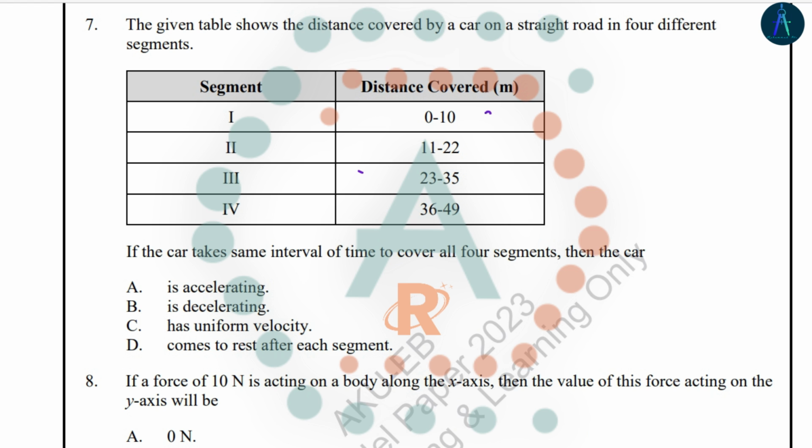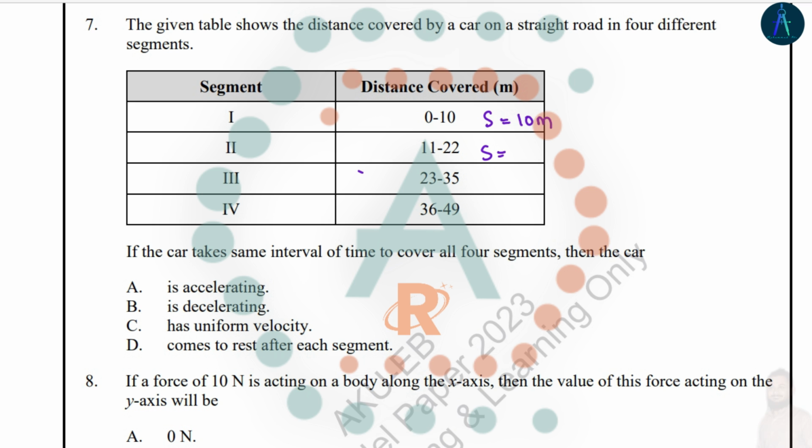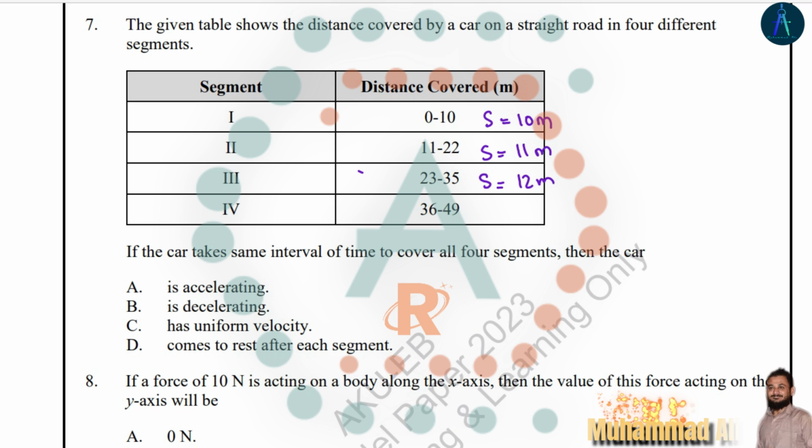So the distance covered here is 10 meters, and the distance covered in the second segment is 22 minus 11, that is 11 meters. Then we have 35 minus 23, which will be equals to 12 meters. And finally, 49 minus 36 will be 13 meters.